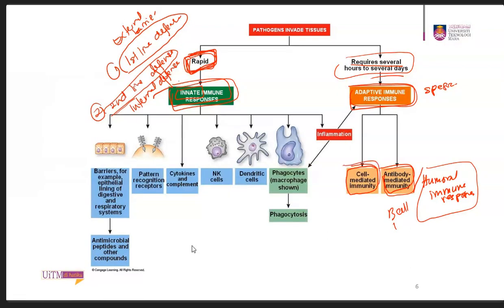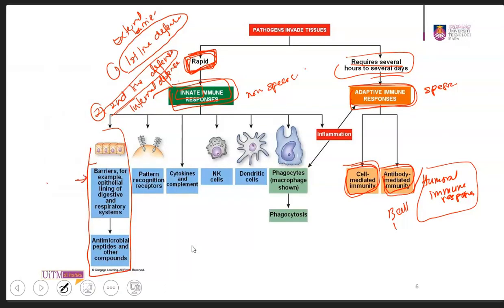Alright, kalau cell-mediated immune response apa je? Okay, so that is adaptive immune response. It is more specific. Innate, it is non-specific. So, kalau kita tengok kat sini, yang the first ni adalah first line defense of the innate immunity.